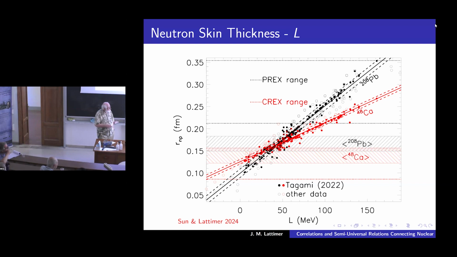And you can see that there are strong correlations between the quantities that make the neutrons stick out further in these nuclei and the pressure. And in a sense, this is an analogy to the fact that the pressure of matter also controls the radii of neutron stars. So the radii of neutron stars and the radii of nuclei, at least the neutron radii of nuclei, are both connected by the same quantity of the nuclear force.